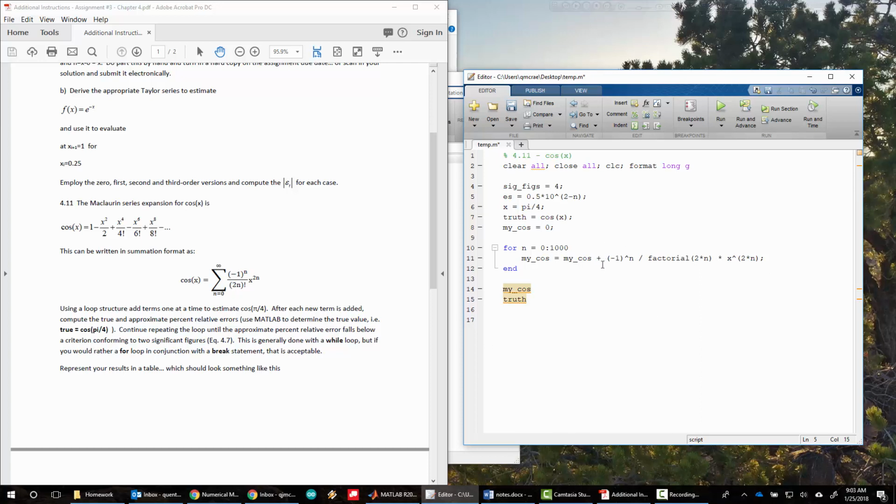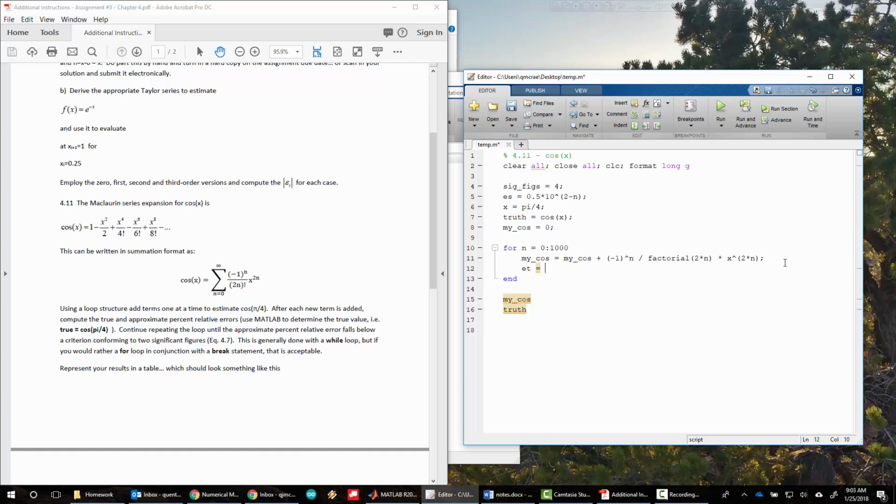Now, inside here, I need to figure out what is my EA and my ET, right? It says right here, compute the true and approximate percent relative errors. So the true is easy enough, right? The true error is the difference between what I'm currently guessing and the actual true value. So my current guess is my cosine, right? And the true value is truth.